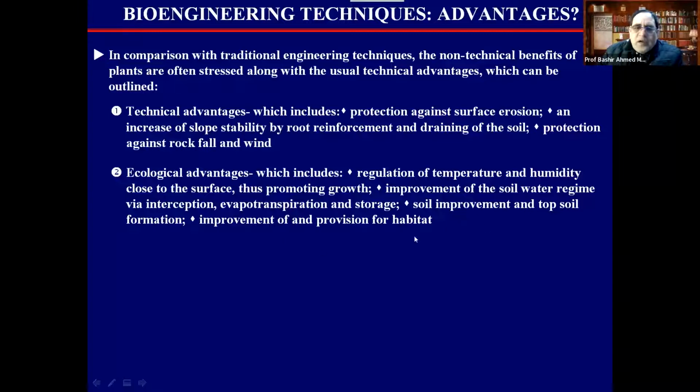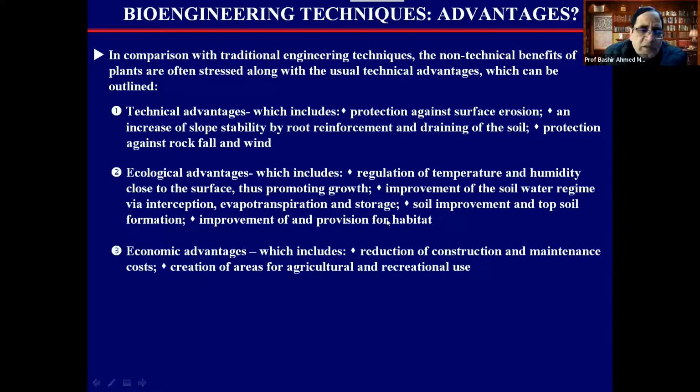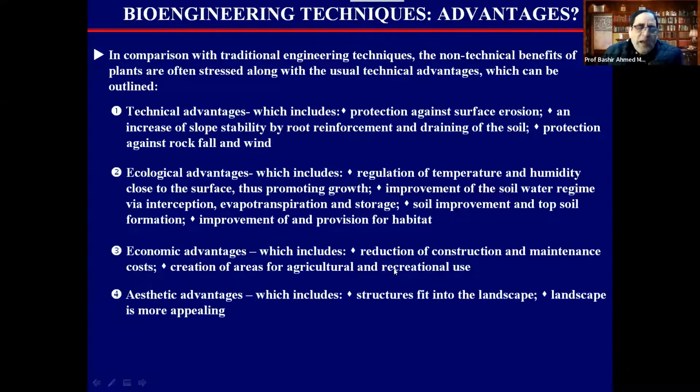Then soil improvement and topsoil formation, improvement of the land, and provision of habitats. The third important one is economic advantage, which includes reduction of construction and maintenance cost, and creation of areas for agricultural land and recreational use. And last but not least is the aesthetic advantage, where the structure fits into the landscape.